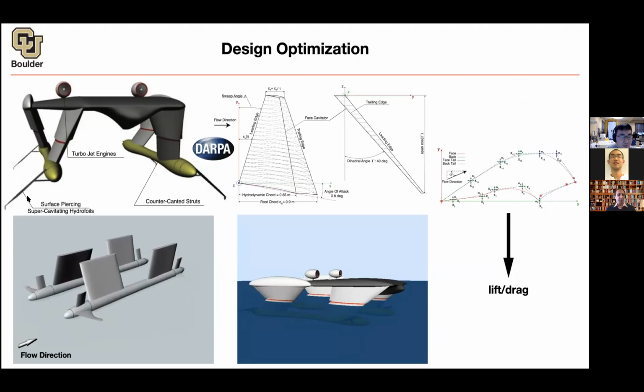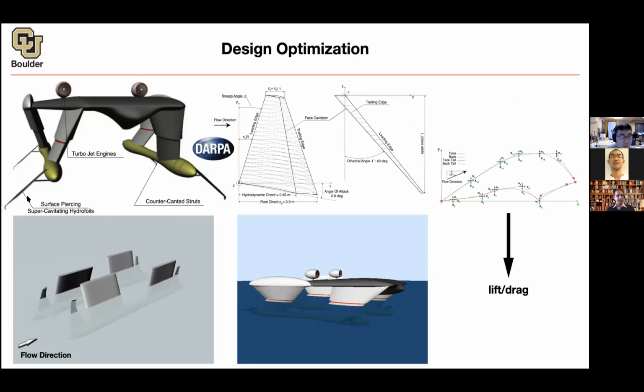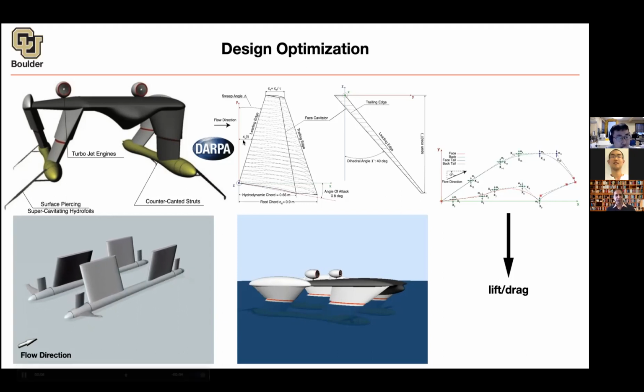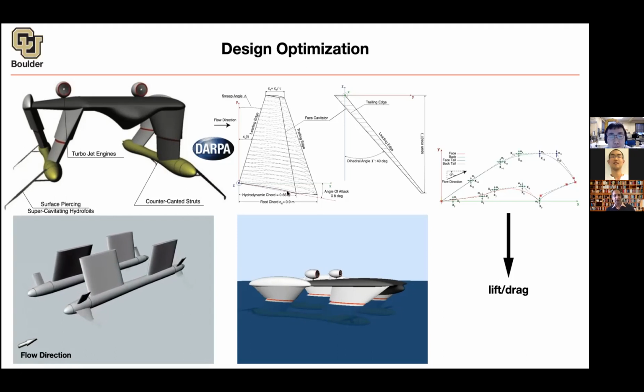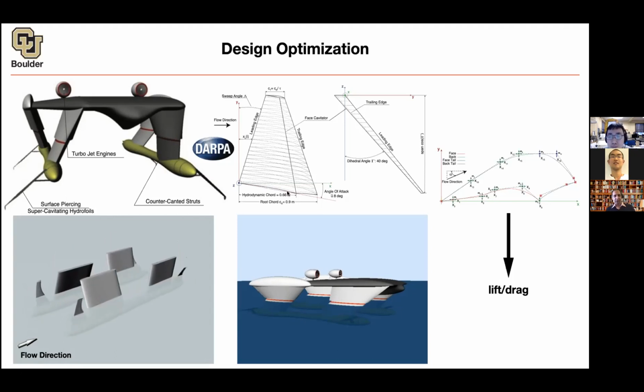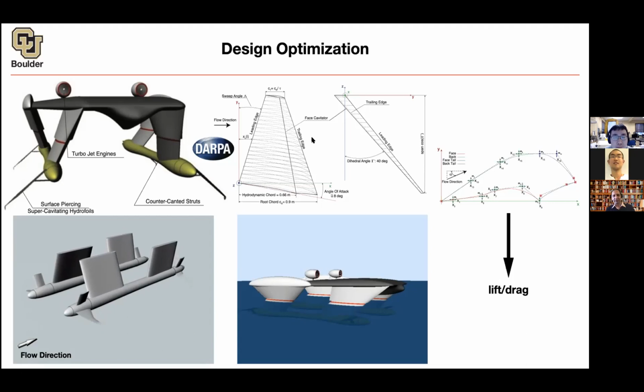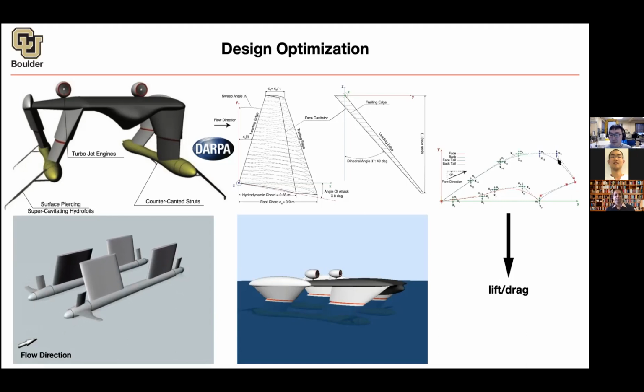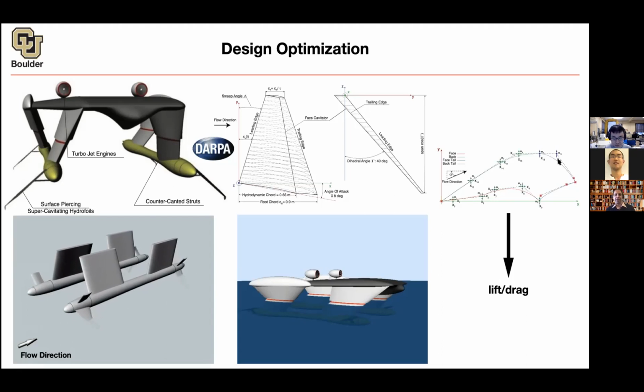But let's start with the super cavitating hydrofoil to at least explain the methodology that we used. Let's parameterize that. Let's draw some engineering figures and cut the vessel, do a 2D cross section. Once you do the 2D cross section, you can parameterize the 2D part with around 16 parameters explaining your splines.